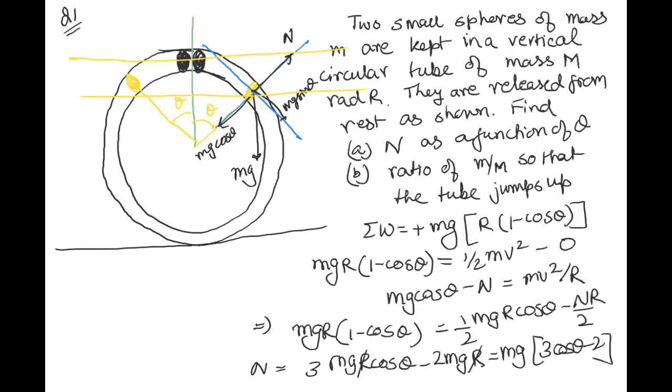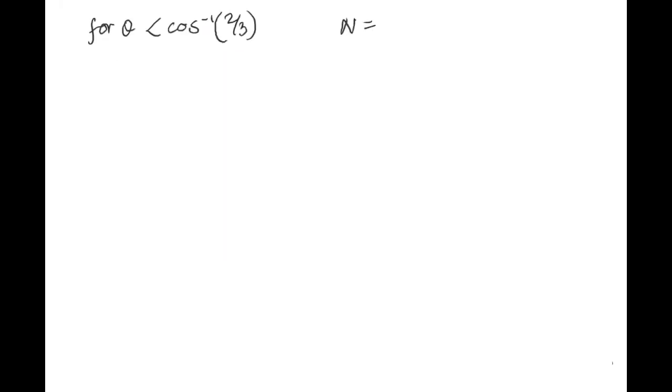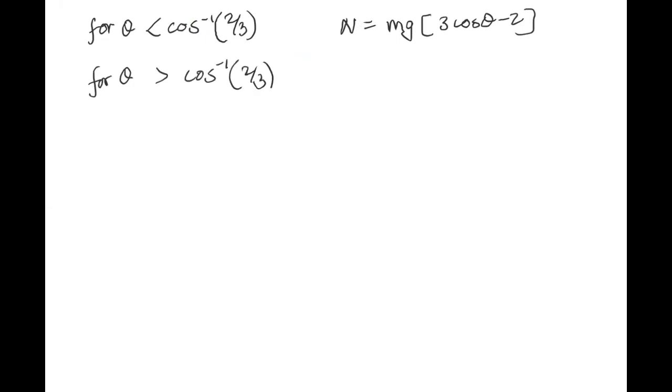So I can write for theta less than cosine inverse 2 by 3, n is equal to जो भी एक्सप्रेशन हमने निकाला, mg 3 cosine theta minus 2, and for theta greater than cosine inverse 2 by 3, n is equal to mg 2 minus 3 cos theta.